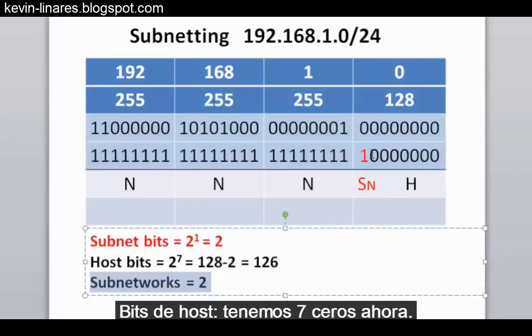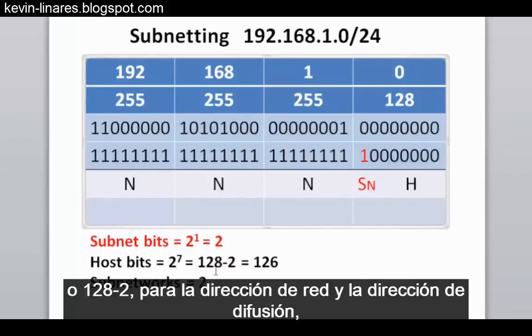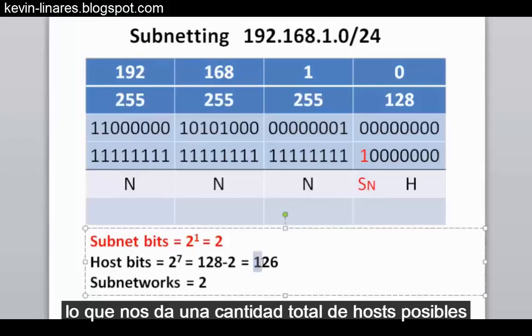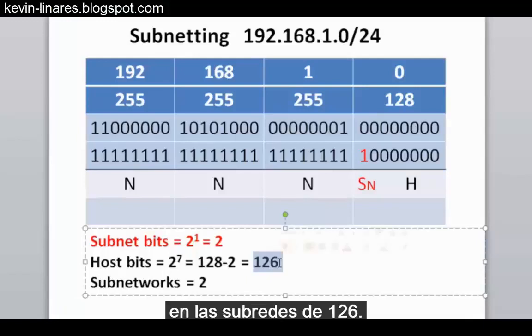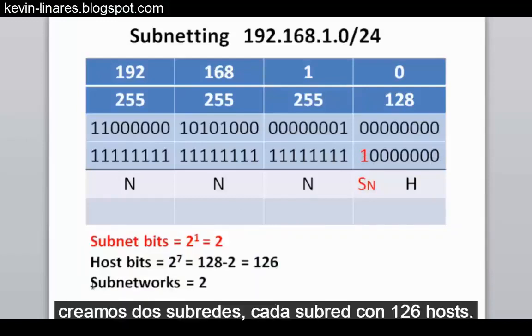Host bits: we have 7 zeros now, so 2 to the 7th power, or 128, minus 2 for the network address and the broadcast address, leaving us with a total number of possible hosts on the subnets of 126. So by borrowing 1 bit from the host portion of the address, we create 2 subnetworks, each with 126 hosts.